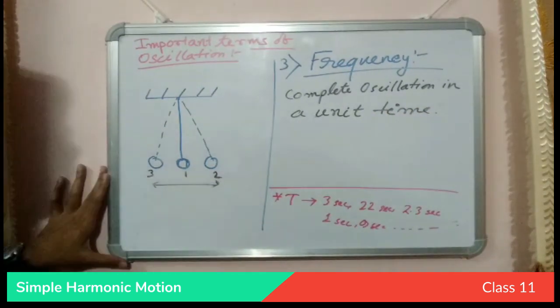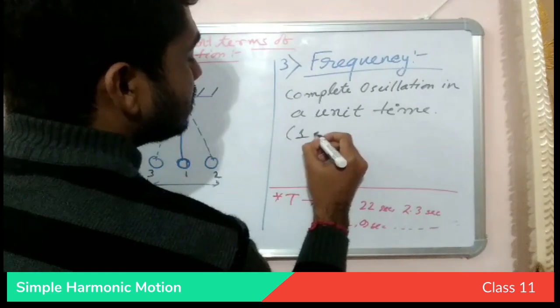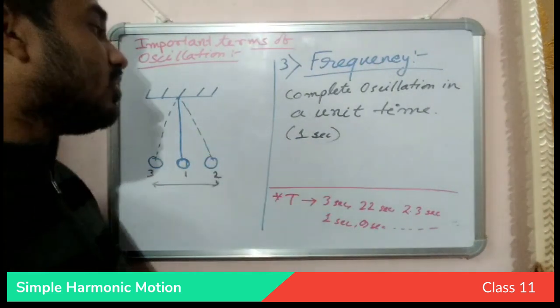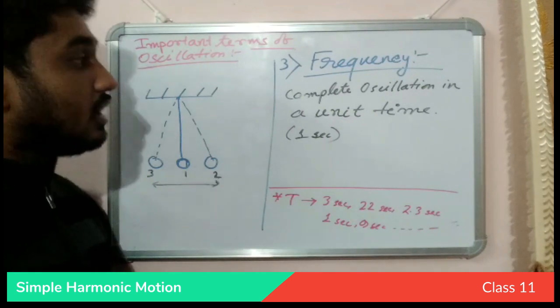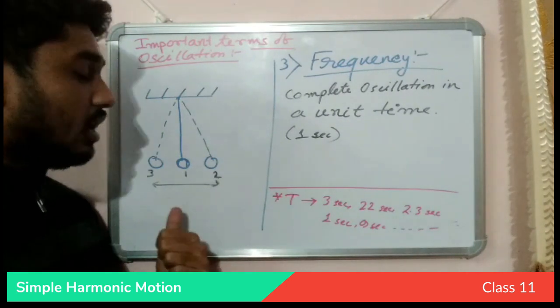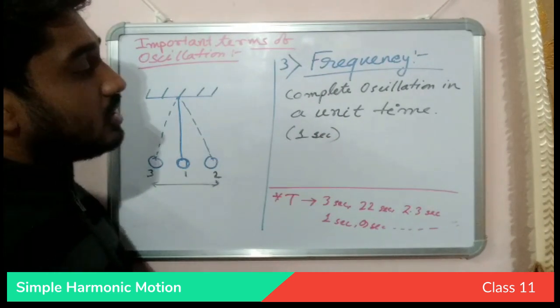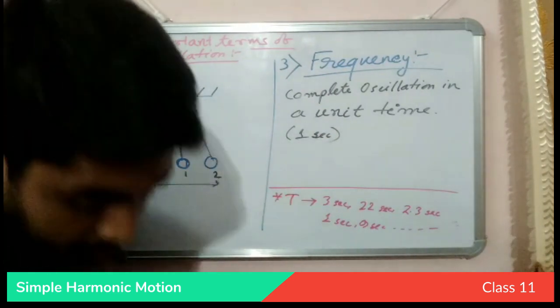In a unit time, suppose 1 second. In 1 second, how many complete oscillations are completed by the pendulum is the frequency. So, number of complete oscillations by time.